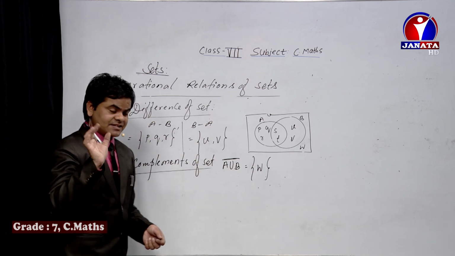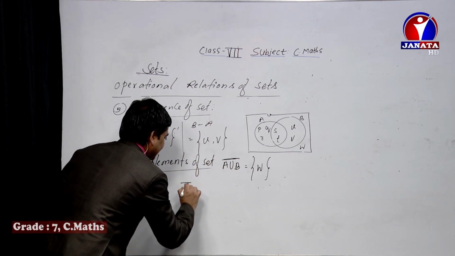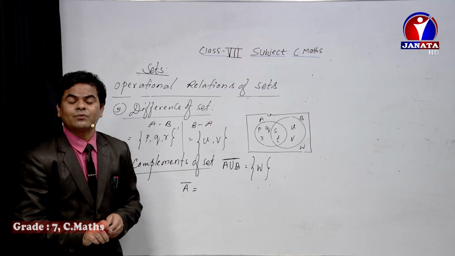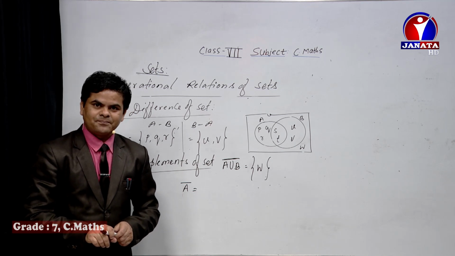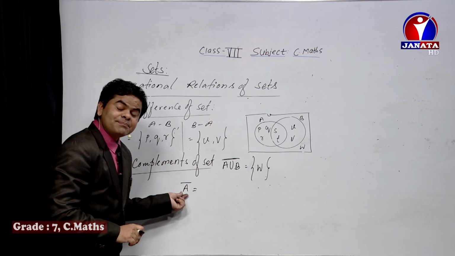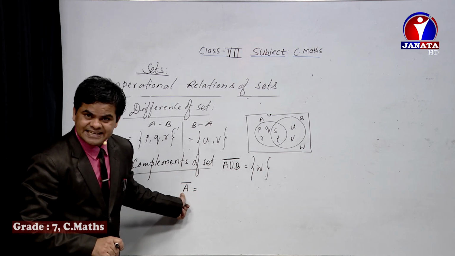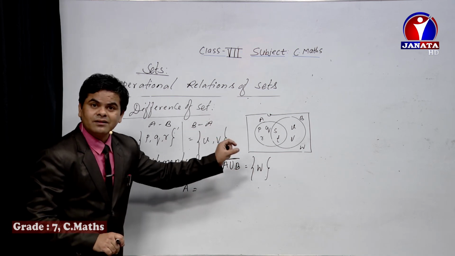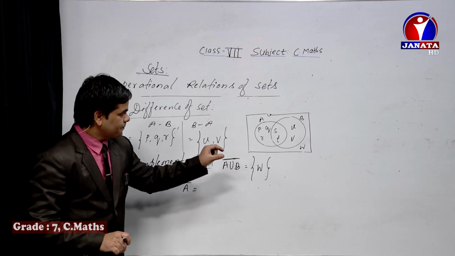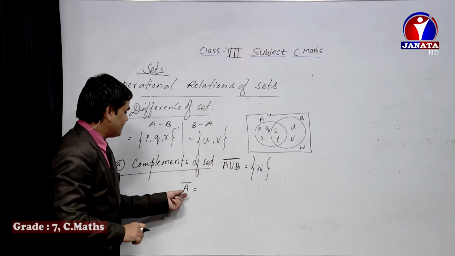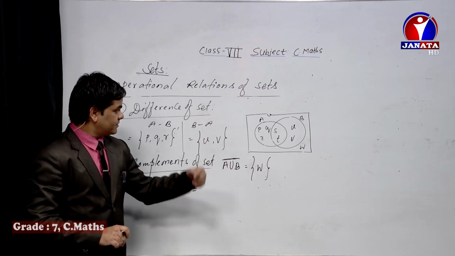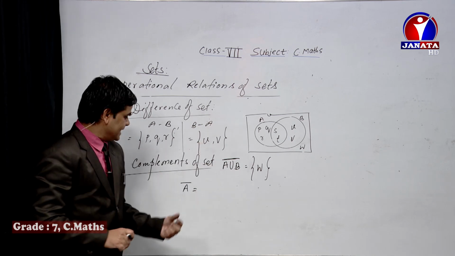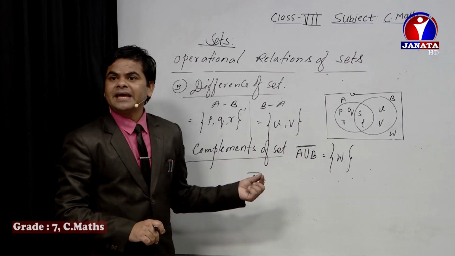Now I am taking another extra one, okay, dear students. A complement, if the question says to find it, then what will you do? Except the elements contained in set A, okay. Look at the circle of A in the Venn diagram and find out, except the elements contained in set A. That is known as A complement.